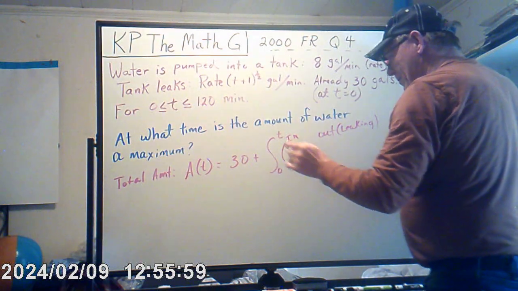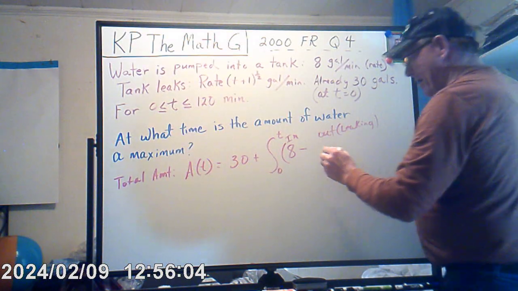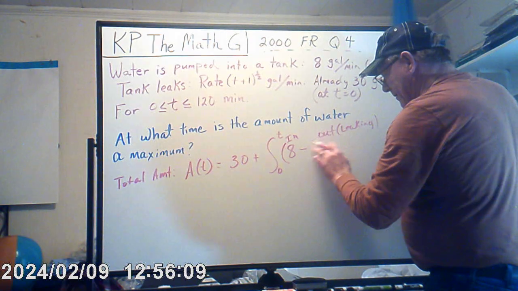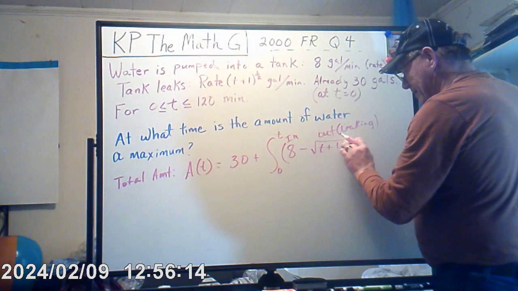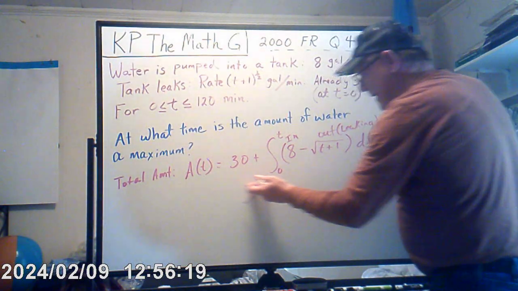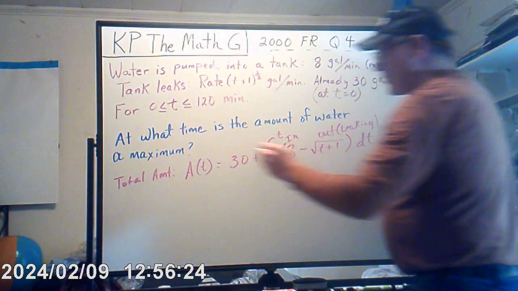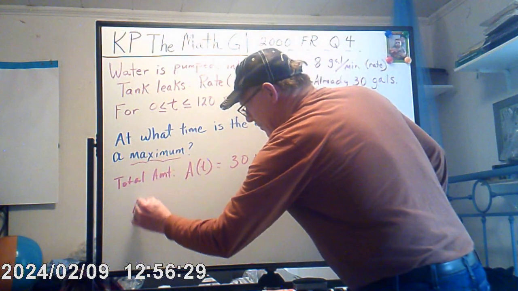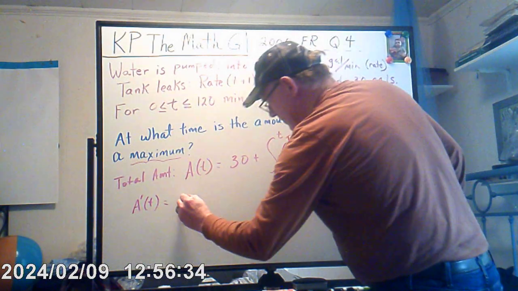But when we want to get the totality of this, we can just say the square root of t plus 1, dt. Now that would be A at t. So what we want is the maximum, which means we want to find A prime at t, which really is 0.